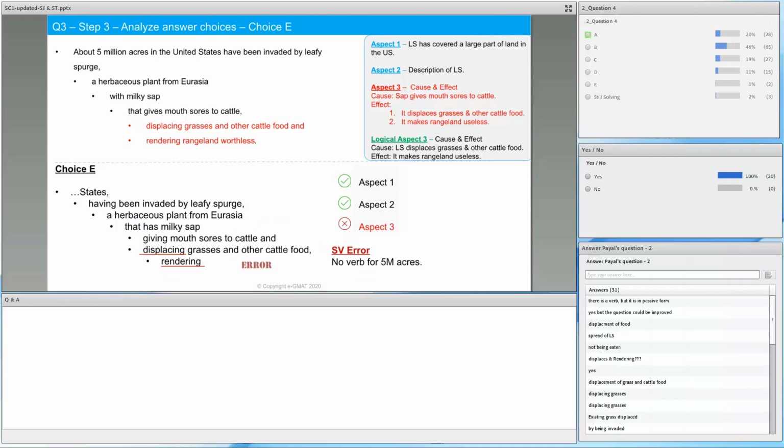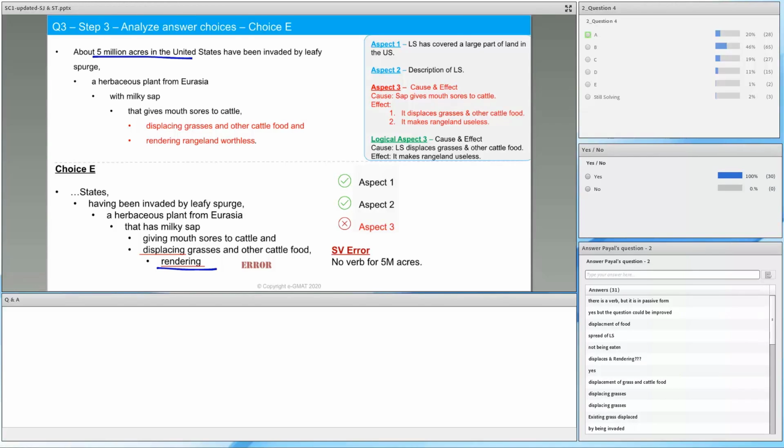Then let's move on to choice E. Choice E again repeats the same error. The error in this sentence is that about 5 million acres in the United States does not have a verb. So that's our grammatical error in this sentence. Also, we have a modification error over here also. Again, this sentence actually repeats all the errors of choice D, just written in a different structure.